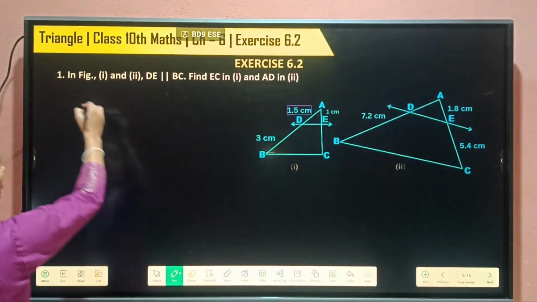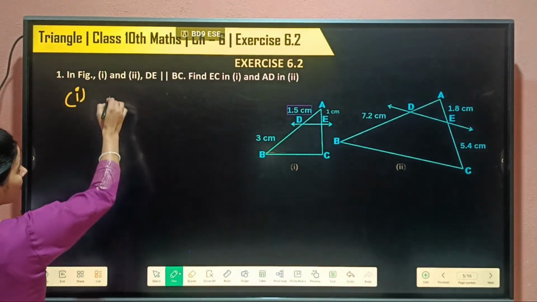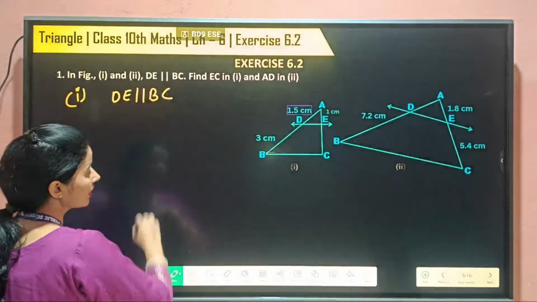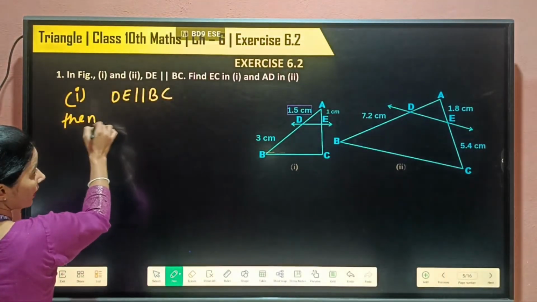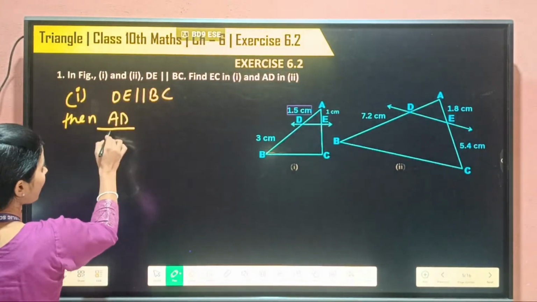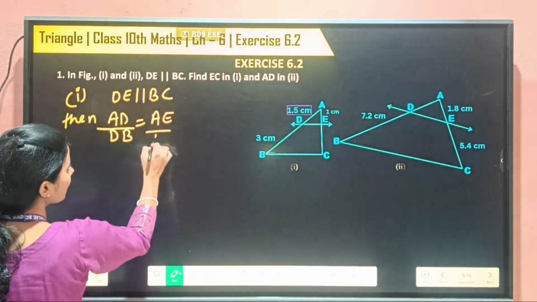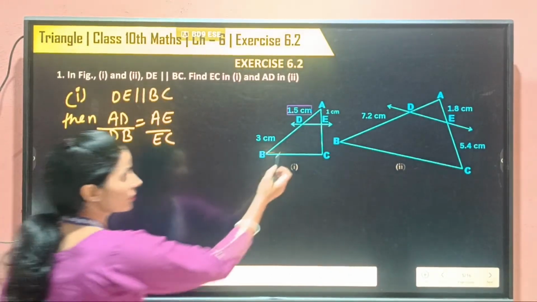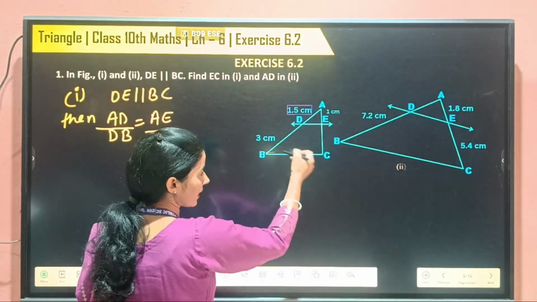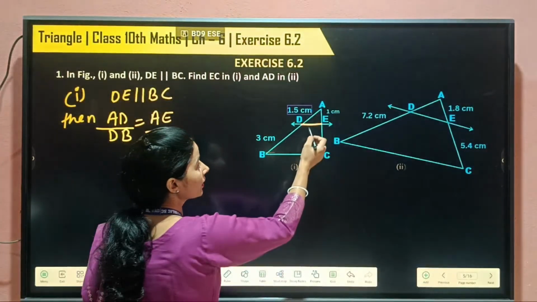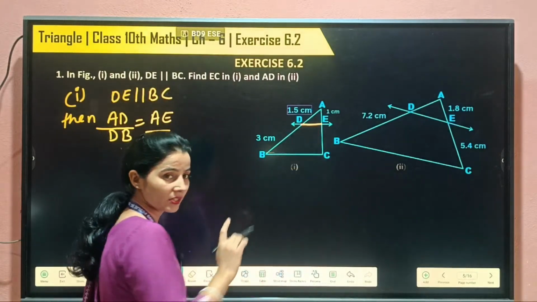Now, first part, as this DE is parallel to BC, then I can write AD by DB equals AE by EC. If a line is drawn parallel to one side of a triangle, then it will divide other two sides in the same ratio.